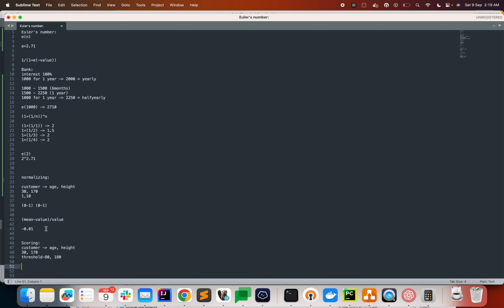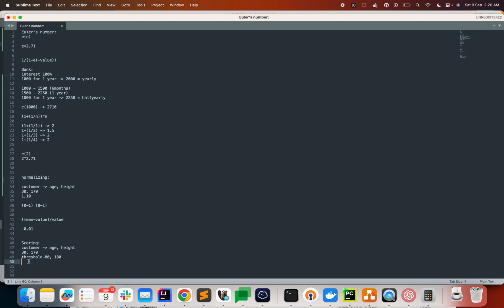So here what we need to do is check how each customer is deviating from the threshold. That's what we need to calculate here, because half of the customers might be deviating from the threshold, but we might want to take only customers who are deviating much.